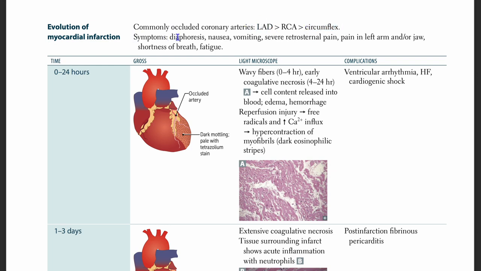Symptoms: diaphoresis, nausea, vomiting, severe retrosternal pain, pain in the left arm and/or jaw, shortness of breath, and fatigue. Okay, this is because of what? Phrenic nerve, I guess.